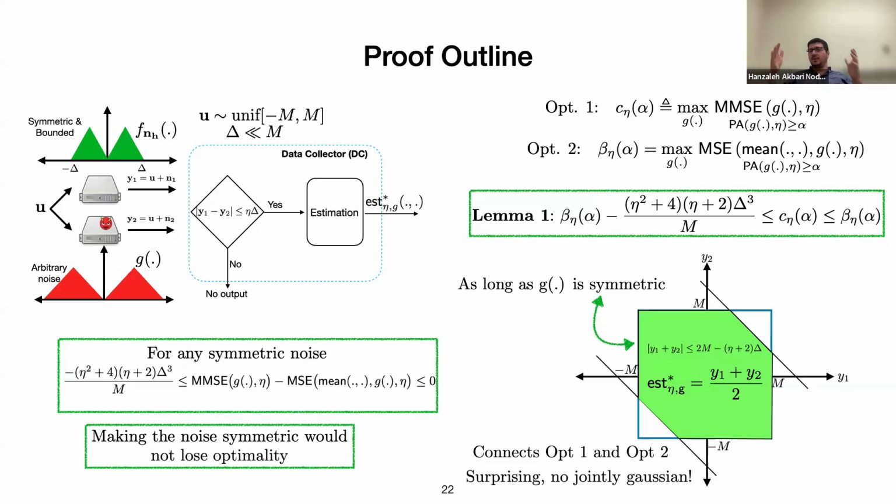And it makes sense because in most of the cases, which is the green area, the error is the same, and the only difference is those white areas. Okay, so that's the proof outline of lemma 1.